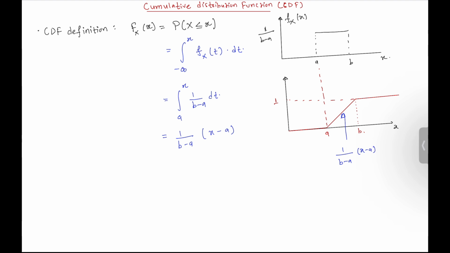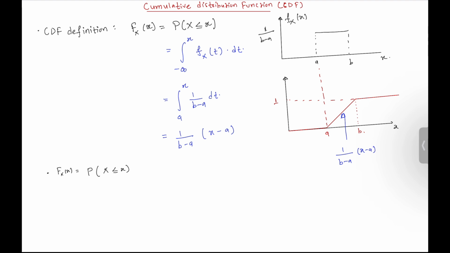And one more point to note here, once we have the CDF, we can find the probabilities of any interval. Let's say you have been given the CDF. If you have been given the CDF, that means you have been given this function, the probability that x is less than or equal to little x.